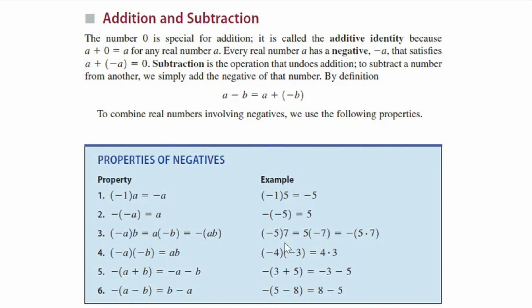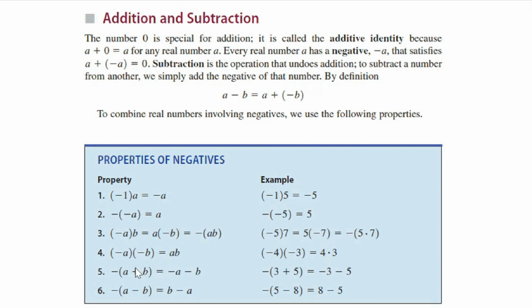Because on the left side, if we give the product, the result is negative 35, as well as here, 5 times negative 7 is also negative 35. And these two expressions are just the same as the negative of 5 times 7. Because 5 times 7 is 35, and then multiplying negative outside, the result would be just the same, negative 35. So these are the properties involved with this example.